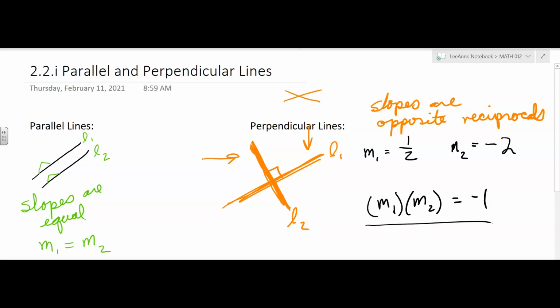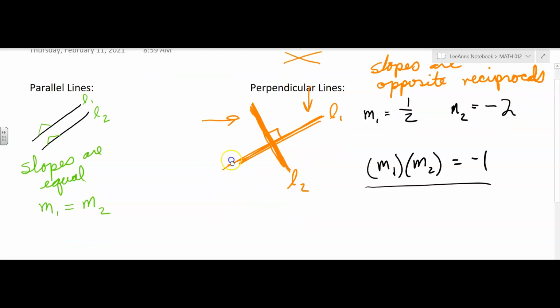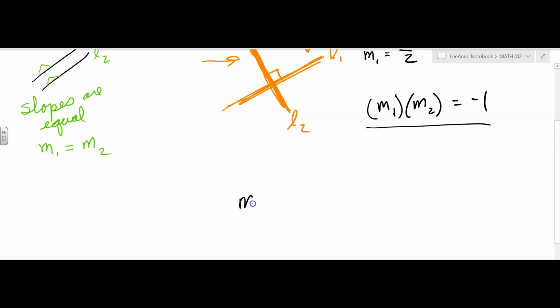So say you have a line, let me scroll a little bit. Say you have a line that has a slope of 2/3, and you want a line that's perpendicular to that. Then the perpendicular line, that's the symbol for perpendicularity, would have a slope of -3/2.